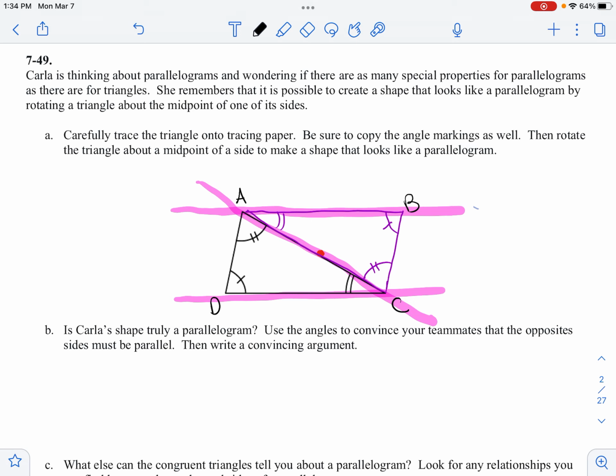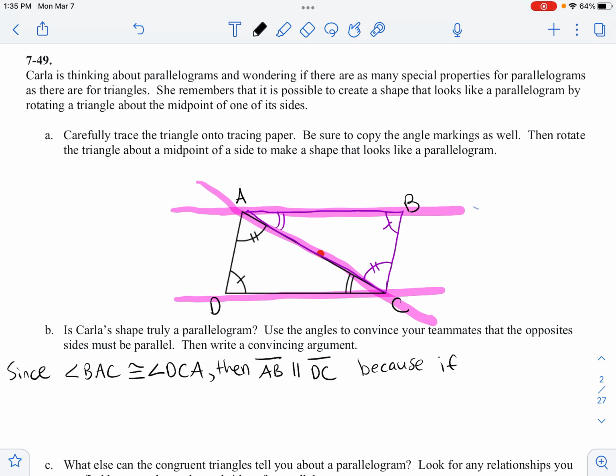We can say the measure of angle BAC, angle BAC is congruent to angle DCA. And since these angles are congruent, then we can say that line AB is parallel to line DC.